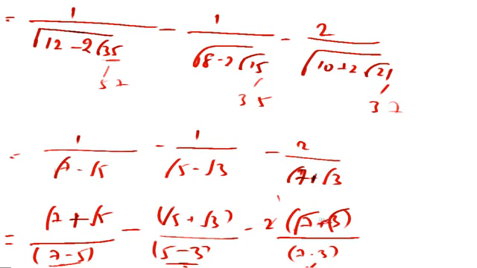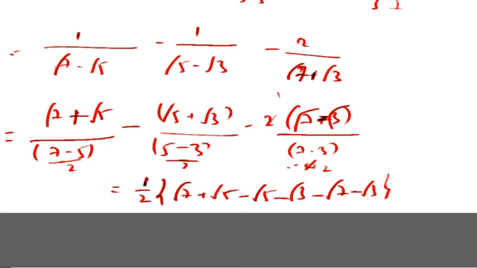This is minus, and this will become plus. So plus root 7 minus root 7, and plus root 5 minus root 5, and minus root 3 and plus root 3. Everything went off, so the answer will be 0.